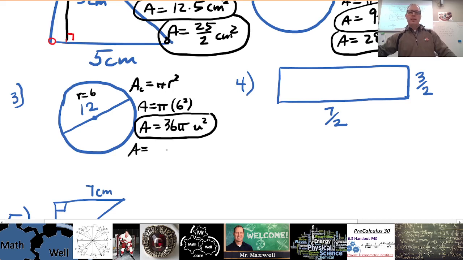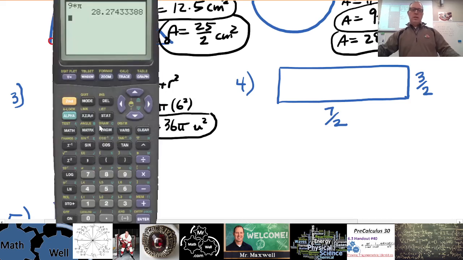And of course, in the decimal form, you just tell your calculator to do 36, and you don't even have to press the times for most calculators. You can just do 36 pi, and it'll give you this number. 113.0, oh, that 9 should go up. So what's my rounded 2 decimal answer? 113.10.